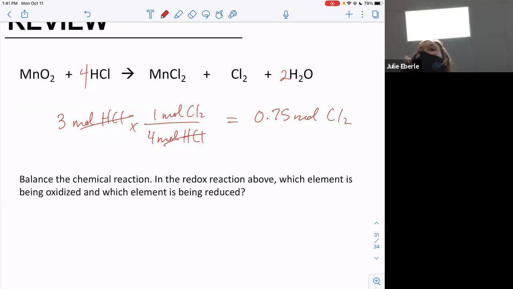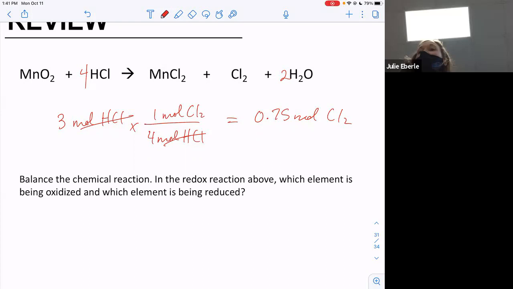So I said, if I only have 3 moles of HCl, how many moles of chlorine would I get? Well, I know the 4-to-1 mole ratio, and I wanted moles of HCl to cancel, so I put the 4 on bottom. The chlorine we're looking for has nothing to do with the chlorine that's with the manganese. If I just say chlorine, then I'm just talking about this. This is manganese chloride.